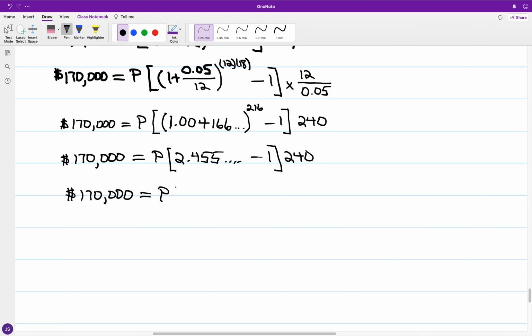And for now, we got P, and we have the difference in the brackets. I'm just going to write this out, since we're looking at breaking it down to pennies. So 1.455008423, we have times 240.